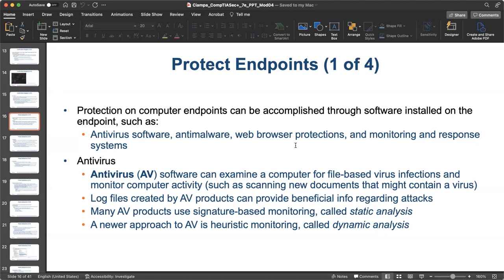However, a newer approach to antiviruses is dynamic analysis, as you can see on the last line of the slides, right? This one uses a variety of techniques to spot the characteristics of a virus instead of attempting to make matches. The difference between static analysis and dynamic analysis detection is similar to how airport security personnel in some nations screen for terrorists.